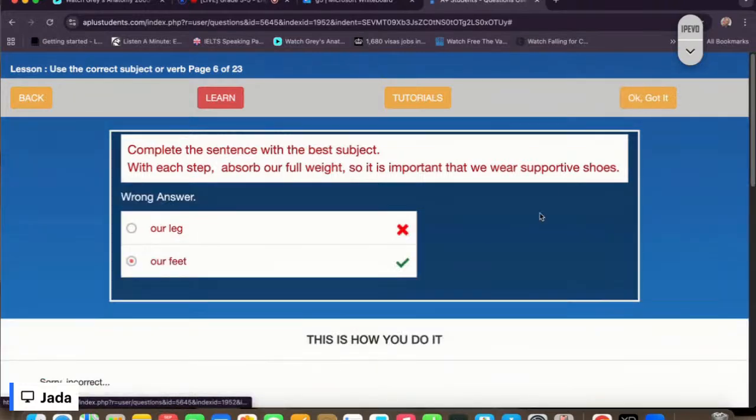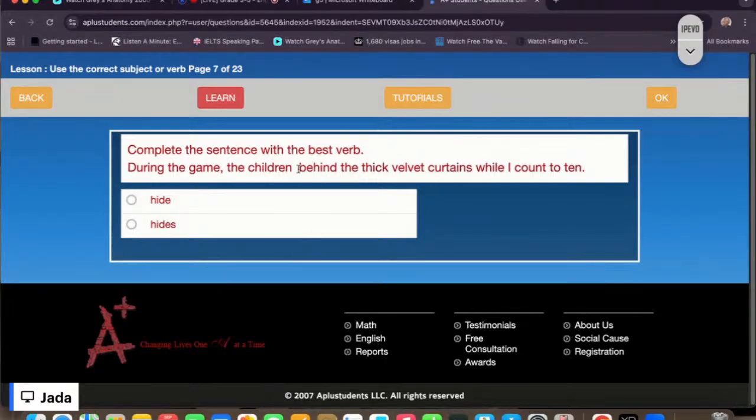Okay. So we have our fill-in-the-blank sentences. During the game, the children dash behind the thick velvet curtains while I count to 10. Hide or hides?